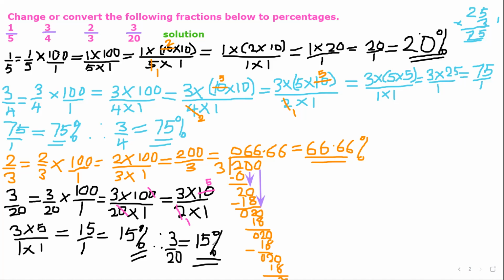Now, this is when you want to change the common fraction to percentage, you have to multiply the entire fraction by 100, and then you leave your answer in the whole number or in a decimal fraction form. Okay, do not leave your answer in a fraction. So that's the end.